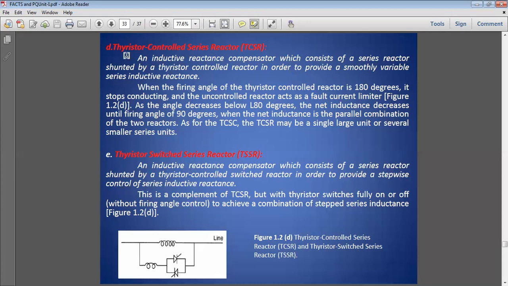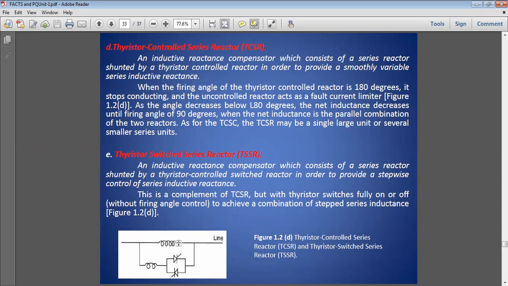So here a thyristor controlled series reactor, TCSR, is an inductive reactance compensator which consists of a series reactor shunted by a thyristor controlled reactor in order to provide smooth variable series inductive reactance.